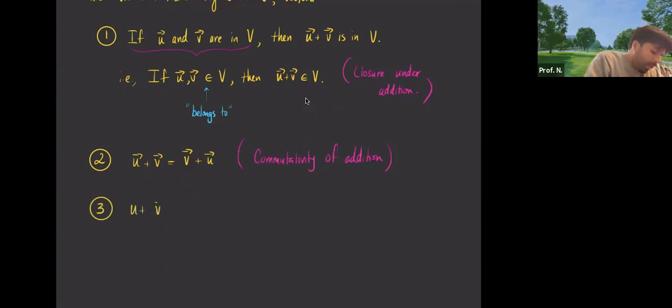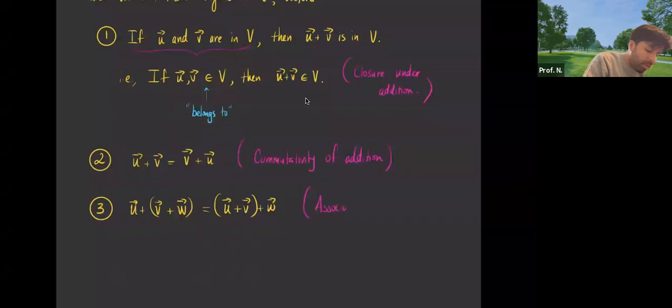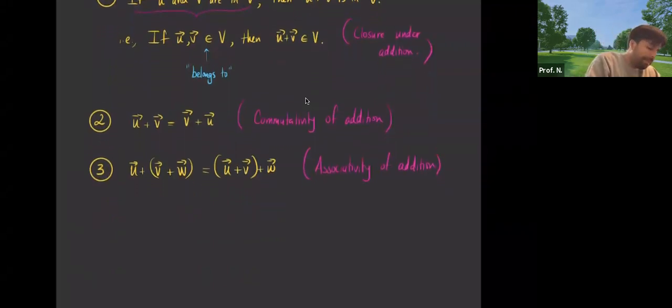Associativity as well should also hold. So the associativity also holds. Okay, so we got closure, we have commutativity, we have associativity.